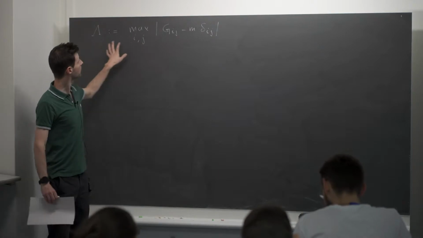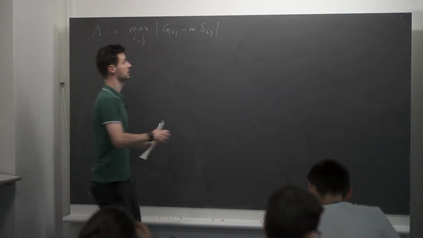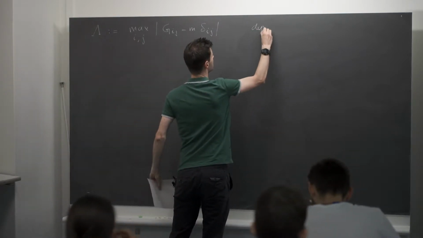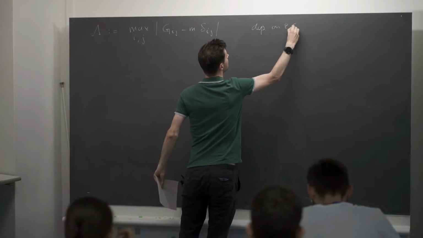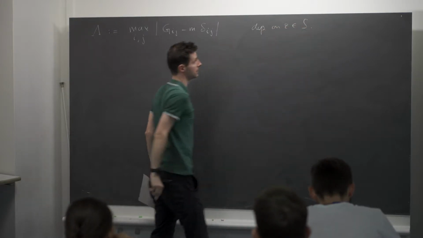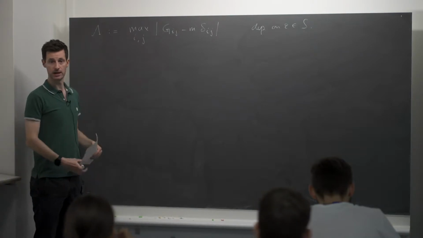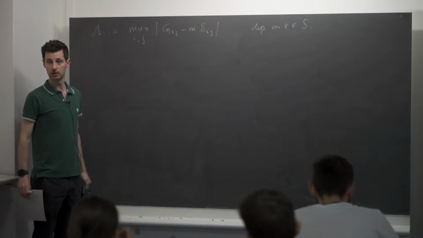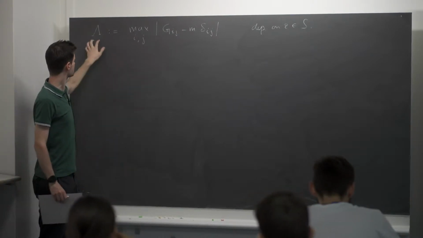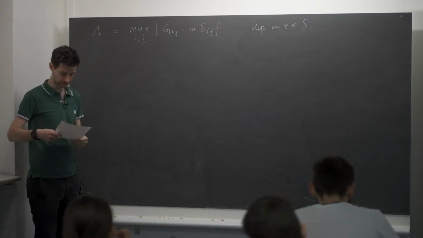I recall this is an object that depends on z, so everything depends on z. And z lies in this spectral domain S, which was a rectangle in the complex upper half plane. This is also random, so it's a random object.